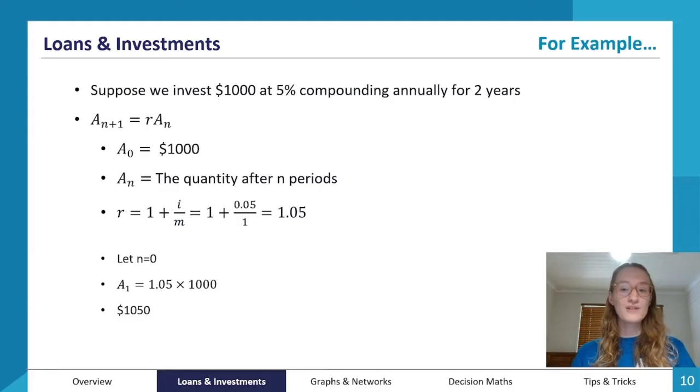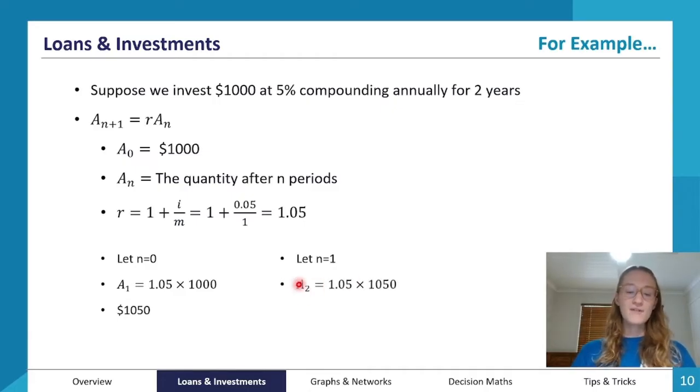But we're being asked what's the quantity after 2 years. So then we've got to apply our recursive rule again. So we'll say let n equal 1. So now we're saying A2 is equal to R times A1, which makes sense because we're applying the rule to the following year. So we're saying, how much would there be after 2 years? And we can work that out because we know how much was there after 1 year.